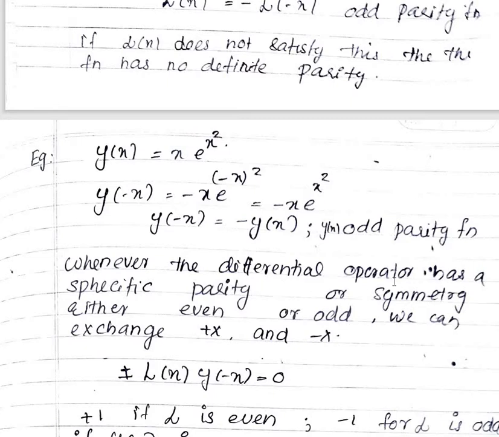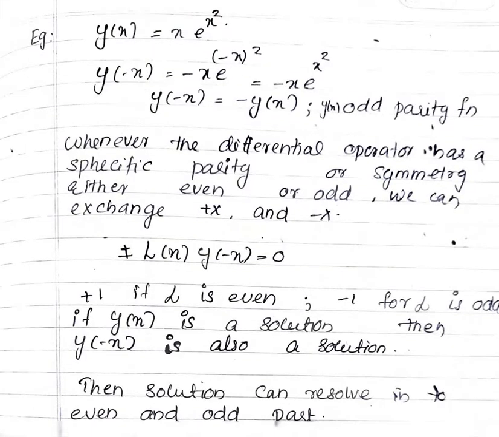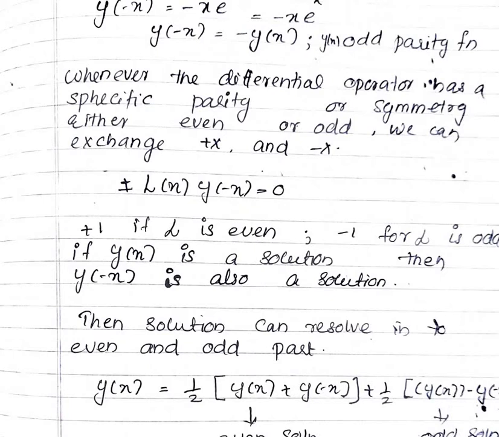Whenever the differential operator has a specific parity or symmetry, either even or odd, we can exchange plus x and minus x. So plus or minus L of x into y of minus x is equal to 0.